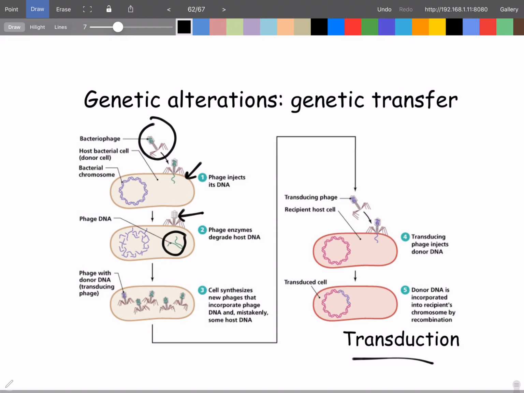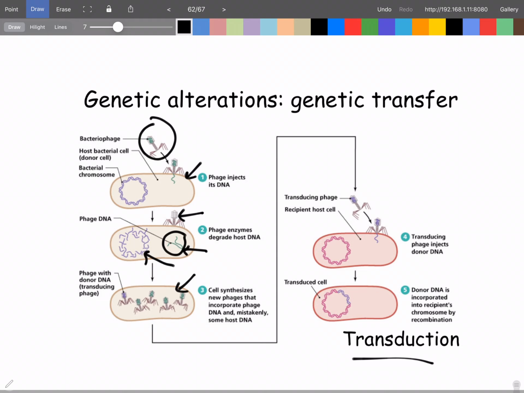Notice that the empty phage head, or ghost, remains on the outside and gets degraded in the environment. But when this viral DNA is injected, it basically takes over the cell. It'll cut up the host chromosome into little pieces and then make viral copies of its own genome that get packaged into viral particles, as you can see here.